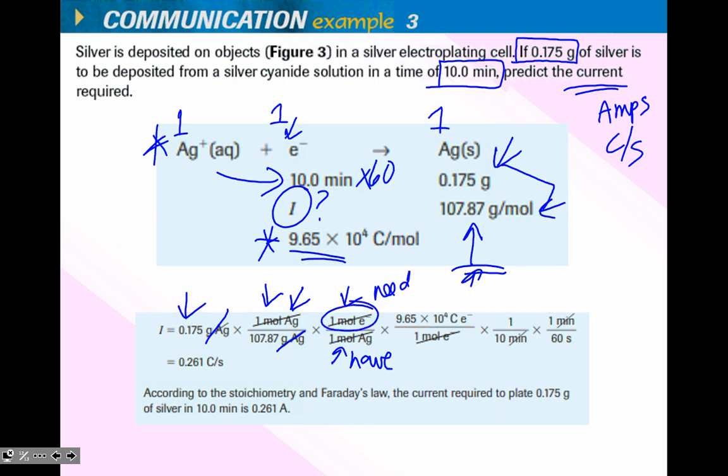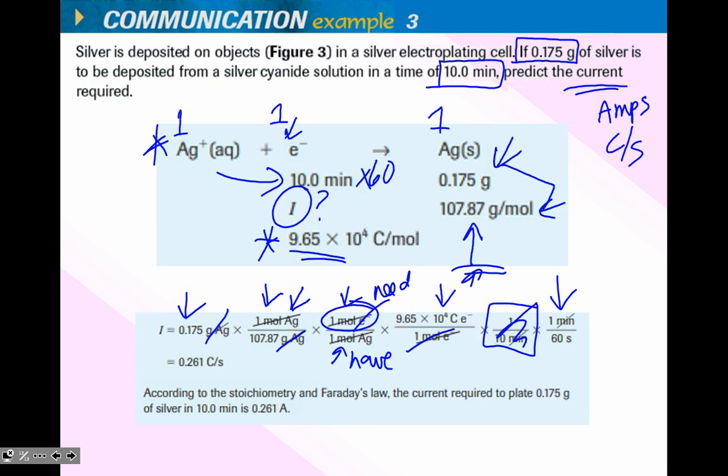I definitely don't want moles of electrons. I want amps, right? So my moles cancel out and I get my coulombs of electrons. This time I have to convert my minutes to seconds. You can strictly go to here, which is 1 minute over, how many is it? 10 minutes times it by 60.